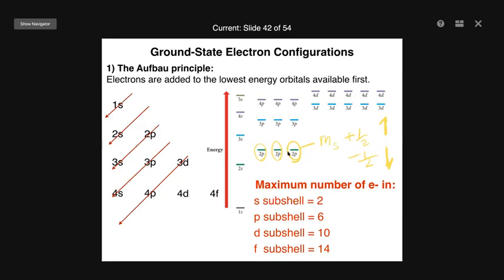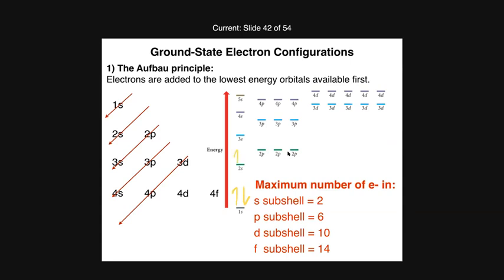Therefore, you will also need to know the maximum number of electrons that can fill in each of these. So for example, 1s, you are able to fill in only two electrons because you have only one orbital that can accommodate either positive 1/2 or negative 1/2.